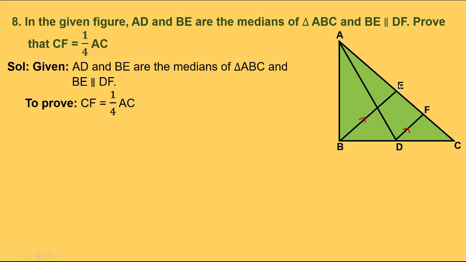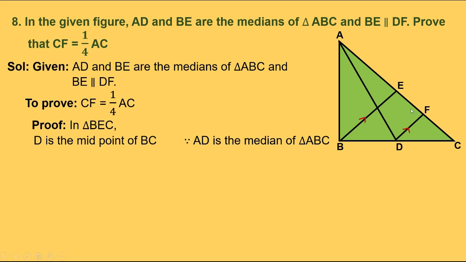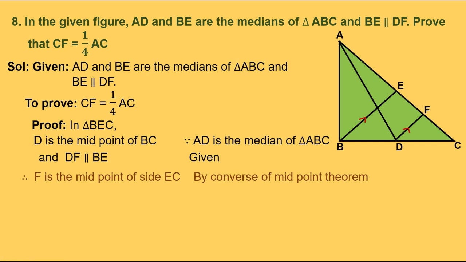Proof: in triangle BEC, D is the midpoint of BC since AD is the median of triangle ABC and DF is parallel to BE given. Therefore, F is the midpoint of EC by converse of midpoint theorem. This implies EF is equal to CF, that is, CF is half of CE.